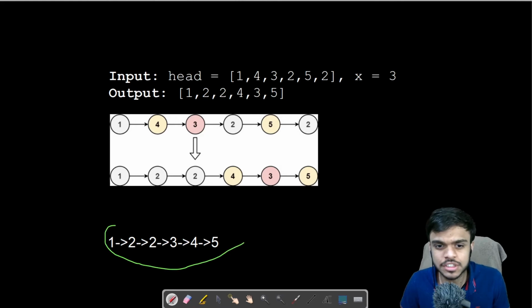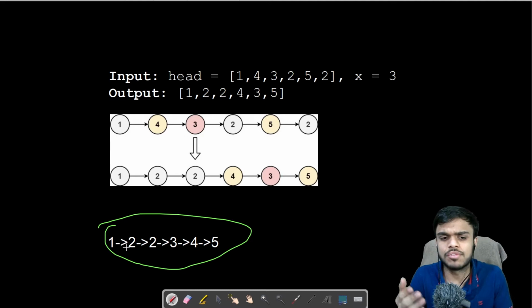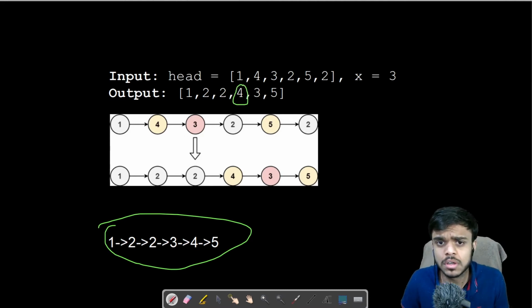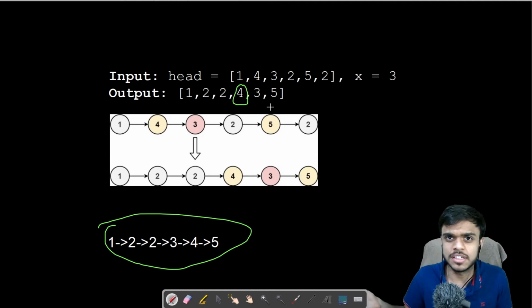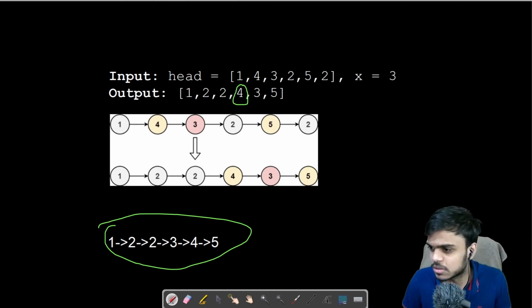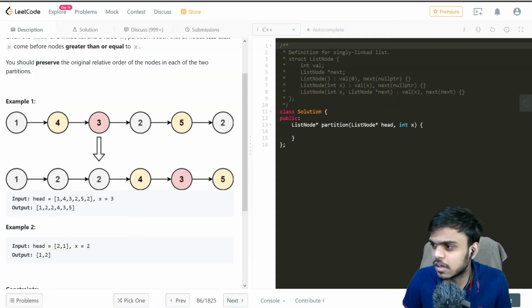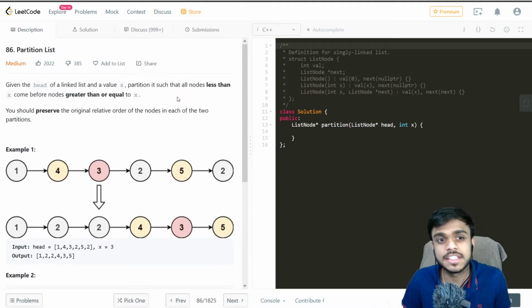But people think this should be the right output, because it seems correct, with 1, 2, 2, 3, 4 and 5, but here we have 4 before 3, and 4 is definitely greater, so it should come after 3. But if you look at the question properly, they are just saying that all the nodes less than x, just less than x, come before nodes greater than or equal to x. That's it, they are saying nothing else.